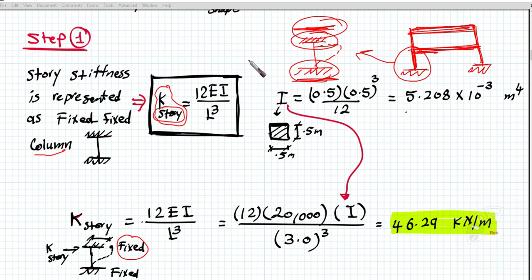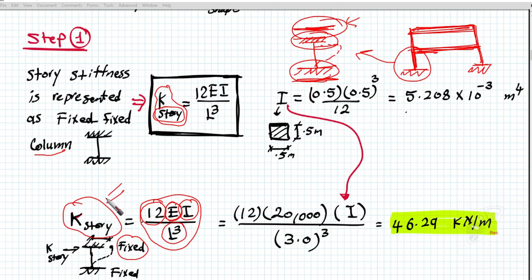The magnitude of the shear we can obtain from the properties of the column and the end conditions. If it's fixed, then we have this nice formula, which is 12 times the Young's modulus of the column times its inertia over its length. So this is going to give us the story shear.